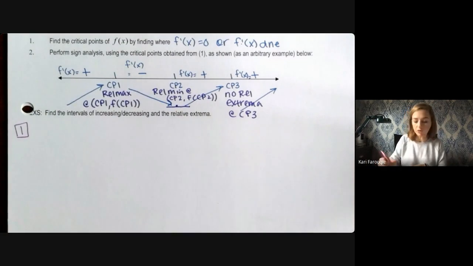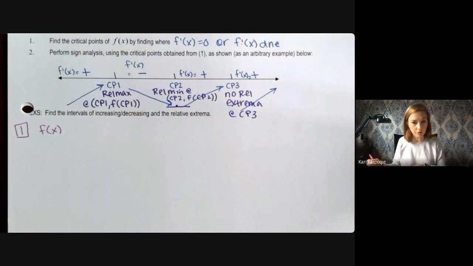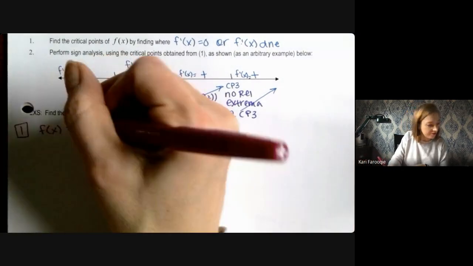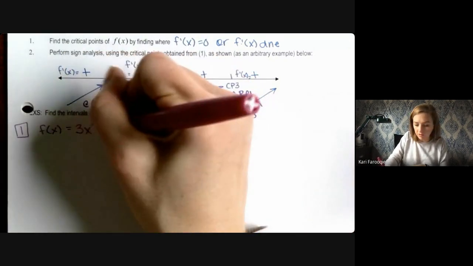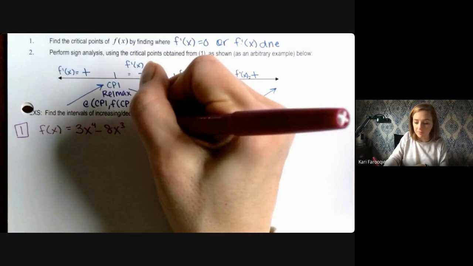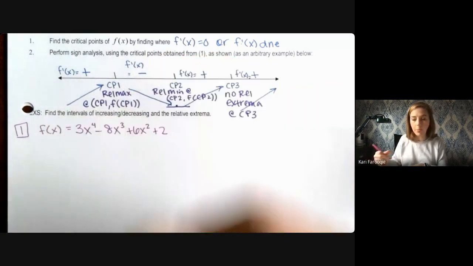So this will be example 1. The function will be a polynomial. Now, I find that this is easiest to do with polynomials, so we usually start out talking about polynomials here. So this will be 3x to the 4th minus 8x cubed plus 6x squared plus 2.